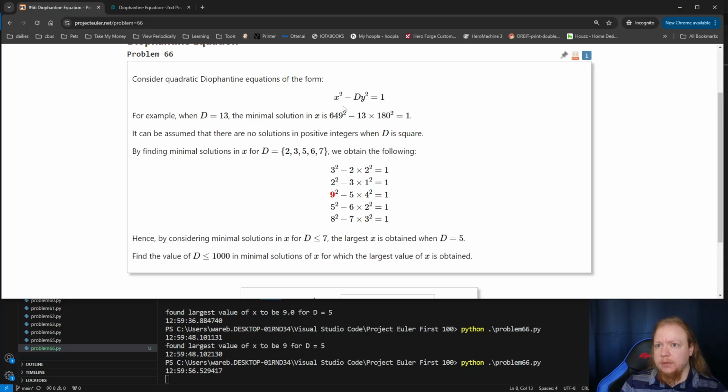Okay. X squared minus 1 is equal to D times y squared.